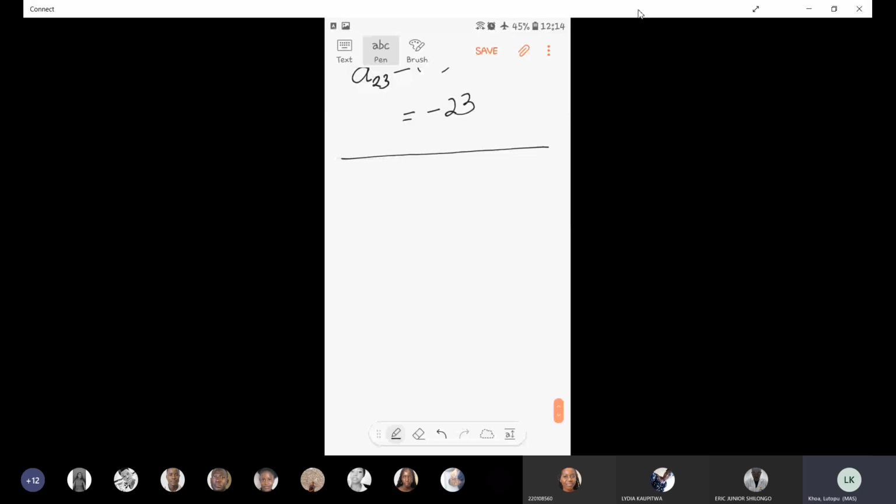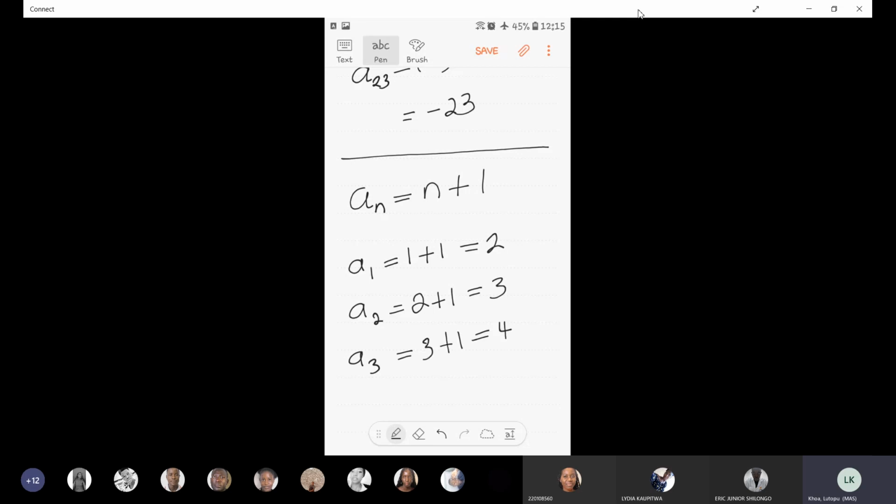Let's look at another one. Let's say we have an equal to n plus 1. So again, we want the first 4 terms. So a1 is just 1 plus 1, which is 2. a2 is 2 plus 1, which is 3. a3 is 3 plus 1, which is 4.